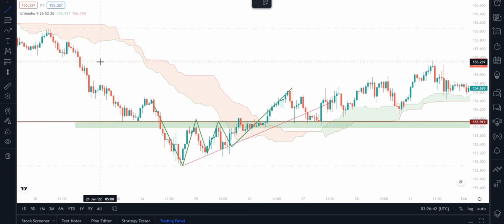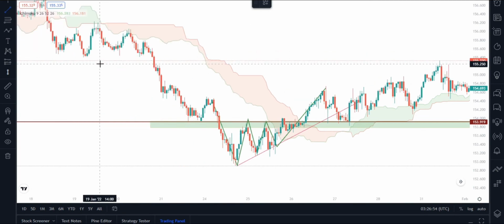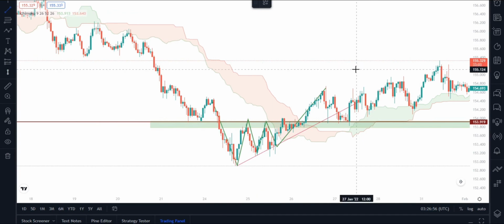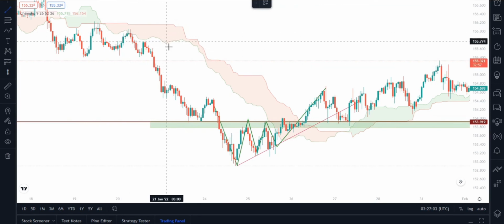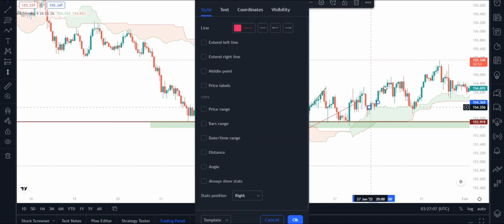And the purpose of the Ichimoku Cloud is to help you follow your trading rules, so that you don't trade haphazardly. When you add the Ichimoku Cloud to your chart, you only do two things. You sell when the market is below the Ichimoku Cloud, and you buy when the market is above the Ichimoku Cloud.